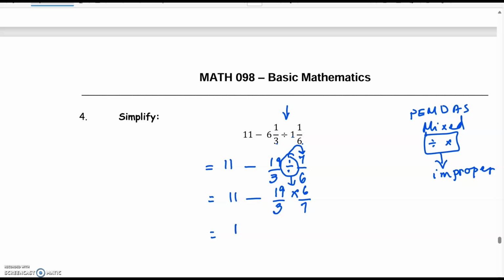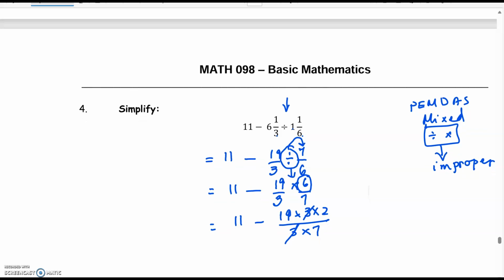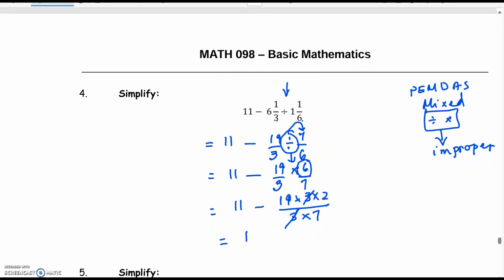So this is equal to 11 minus, and I can see there's a common factor, so I'm going to go 19 times 3 times 2 divided by 3 times 7. You cancel common factors and you get 11 minus 19 times 2 is 38 over 7.